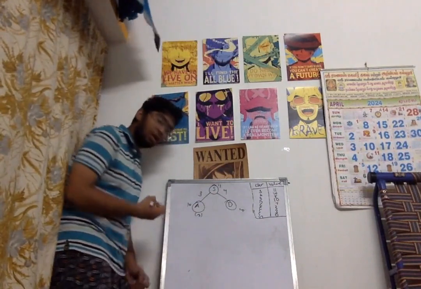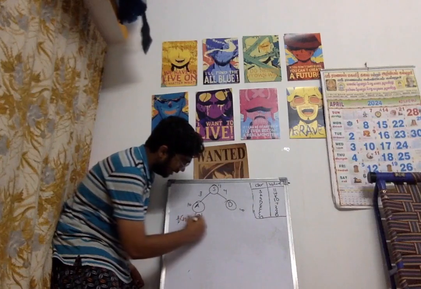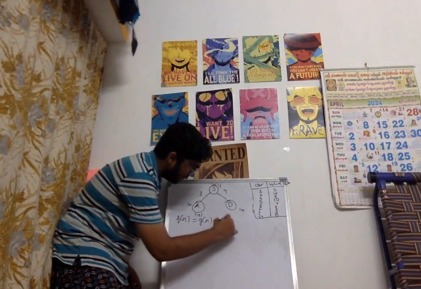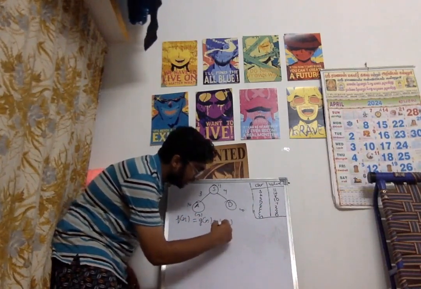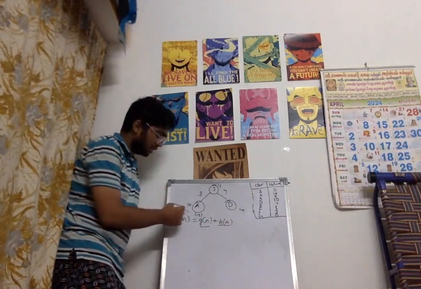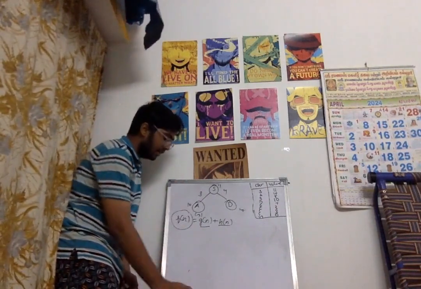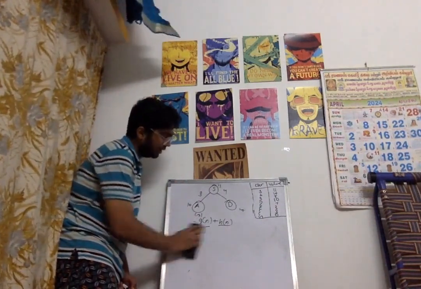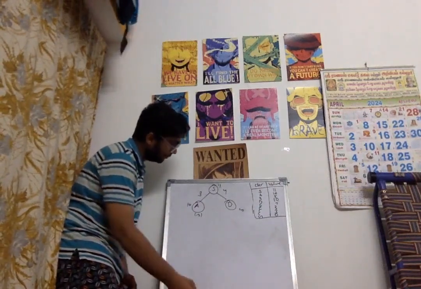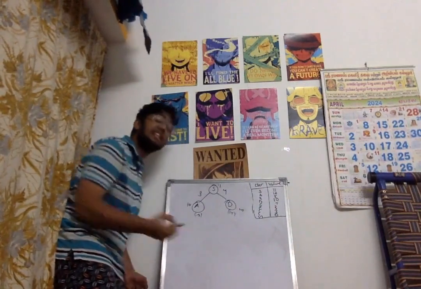Because the formula of A-star search is F of n equals G of n plus H of n. H of n is a heuristic value, and G of n is the distance between two nodes. So now it is 13 and 14, and we know the smallest is 13.